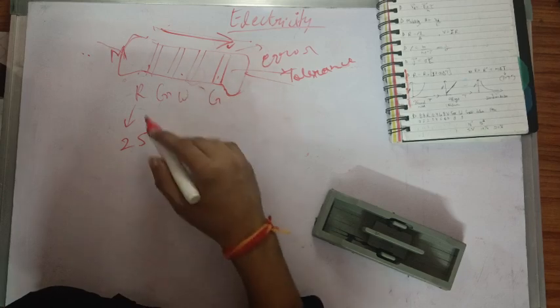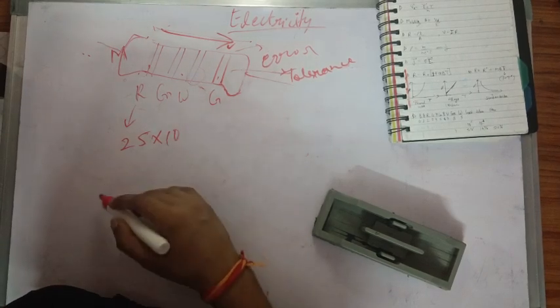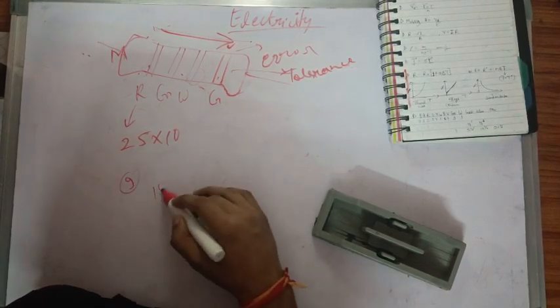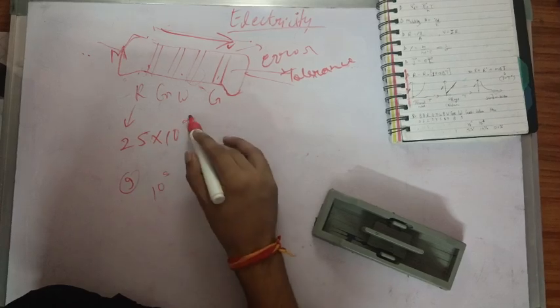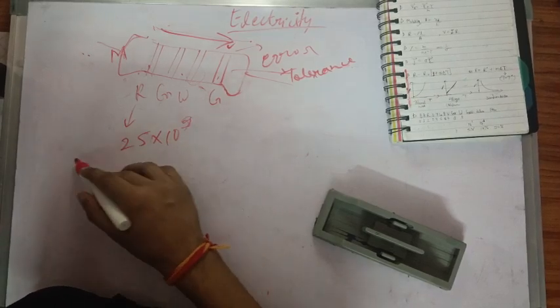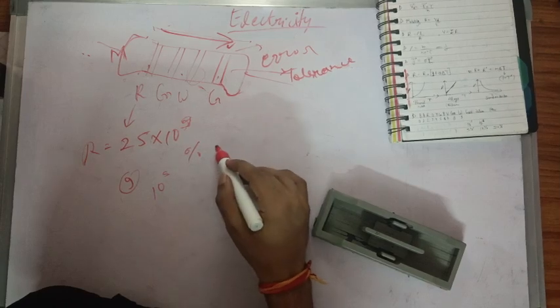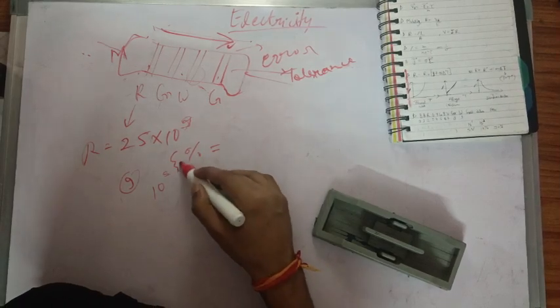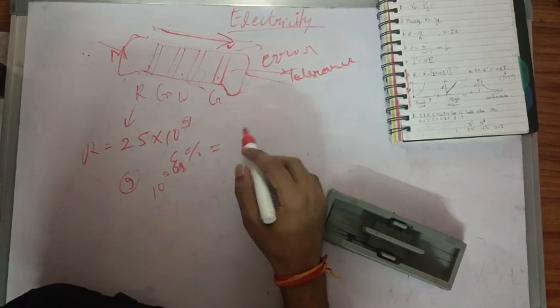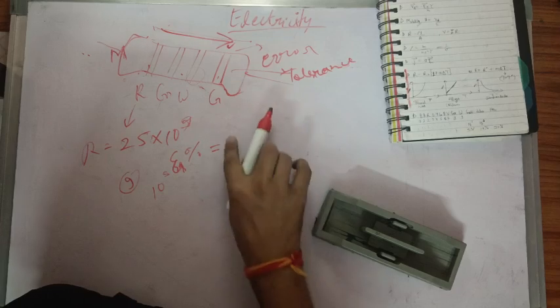This third strip is a multiplier, so white has value 9, so 10 to the power 9. This is the value of resistance, and the percentage error of resistance is 5% for gold.